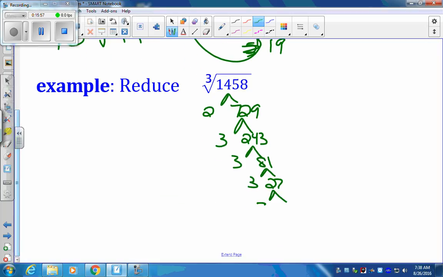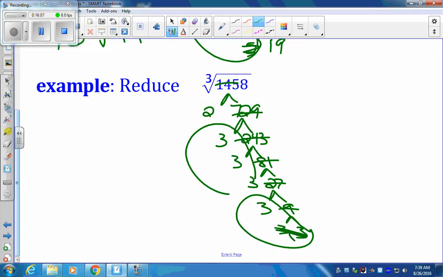Divide by 3 and I get 9, and 3 and 3. Okay, so I have a group of 3 3s and another group of 3 3s. So I have 3 times 3 on the outside, which is 9, and the square root of 2 underneath.